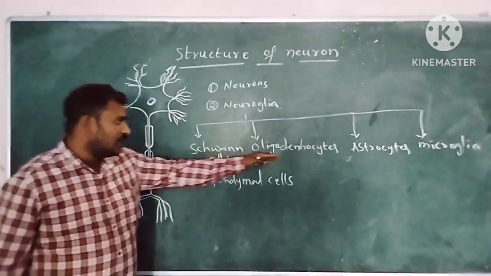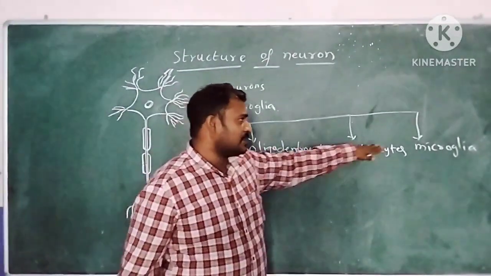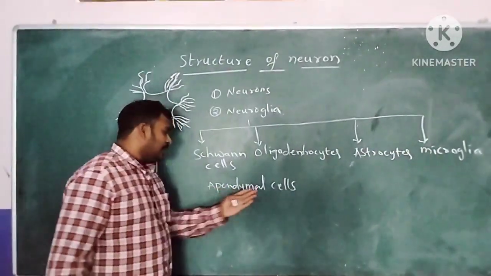Schwann cells, oligodendrocytes, astrocytes, microglia, and ependymal cells.